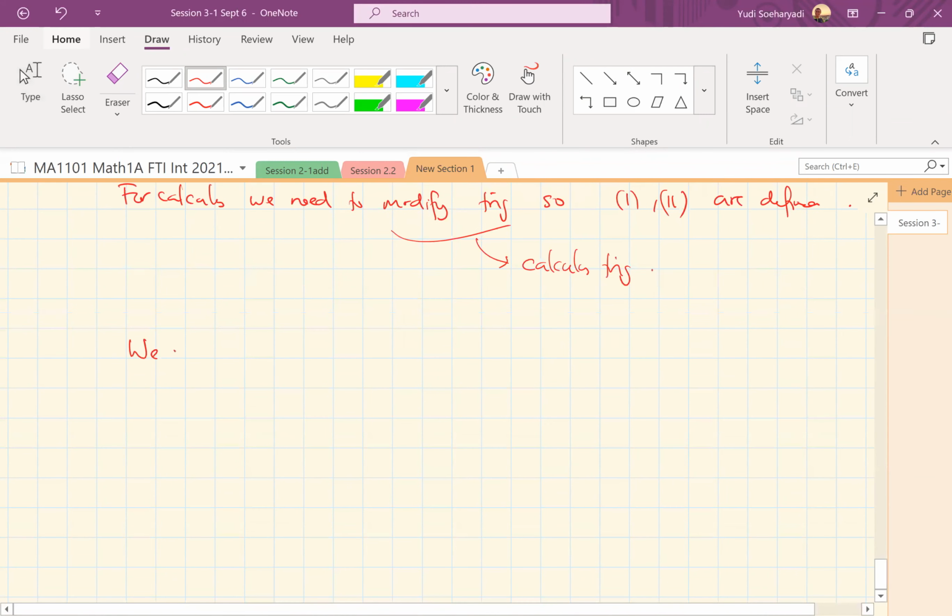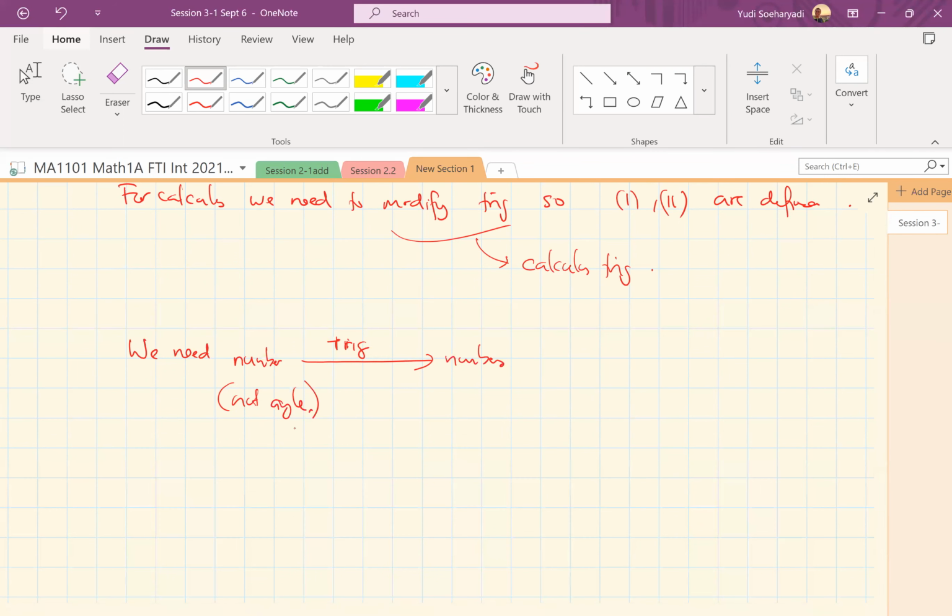What we need here is that this trig is from numbers to numbers, not angles. If trig converts numbers to numbers, then we may be able to define compositions, because a composition of trig functions would be just numbers to numbers to numbers.